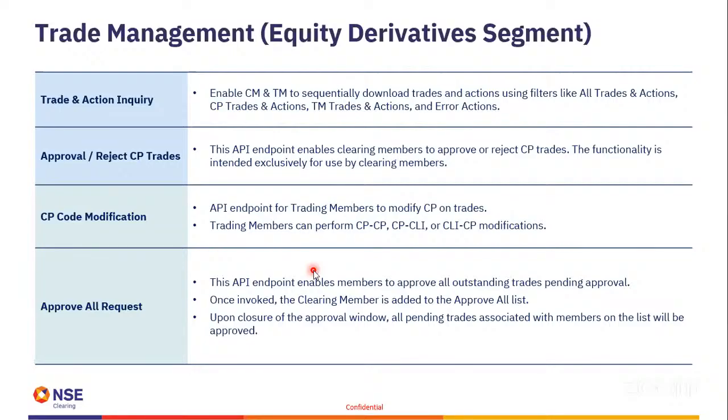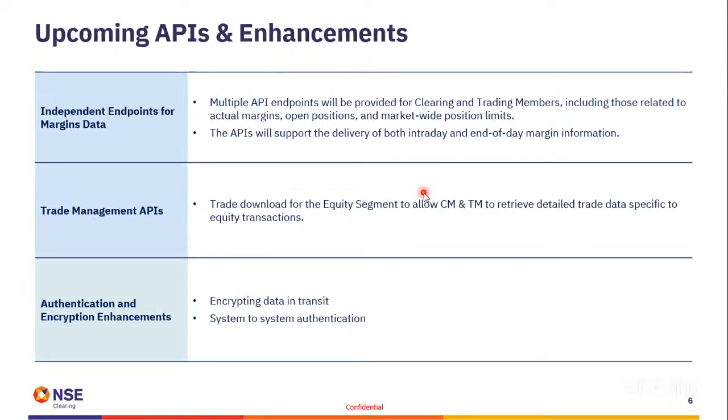So moving forward, what are the coming up APIs? Apart from the APIs Hemant touched upon which are currently available, I would like to talk about the upcoming APIs and enhancements expected in the NCL space.